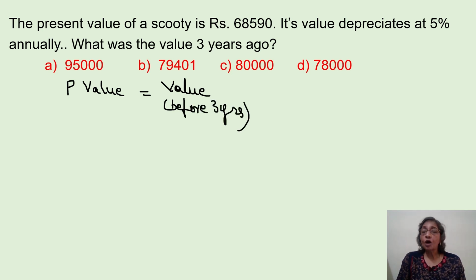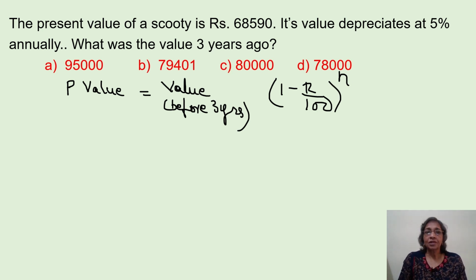So in terms of the principal and the amount, in this case, what we are going to do is find the principal. And again, 1 minus r upon 100 raised to n. Now again, you know why we are taking the minus, because of the depreciation.